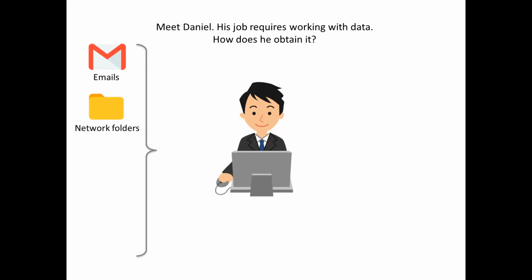The second channel, how people receive information, I believe by popularity, is network folders. It's quite popular, especially in large organizations, to have a network folder where all kinds of data is being dumped in, and it can be anything. It can be spreadsheets, text files, PDF documents, Word documents.